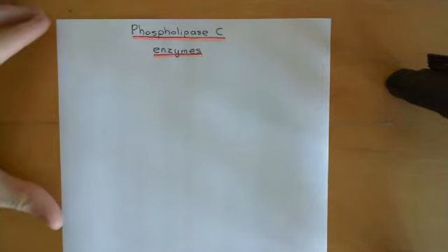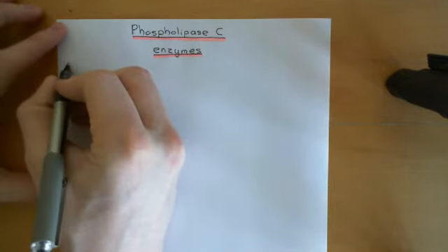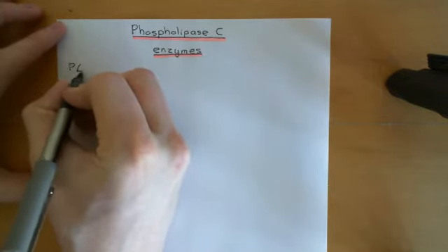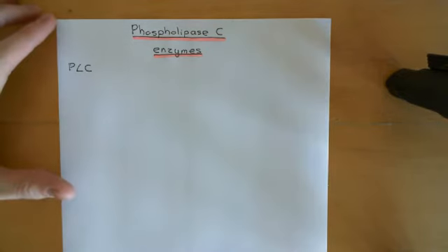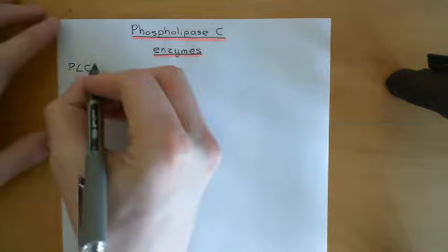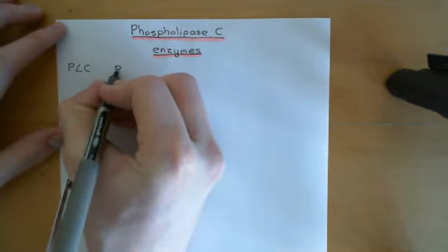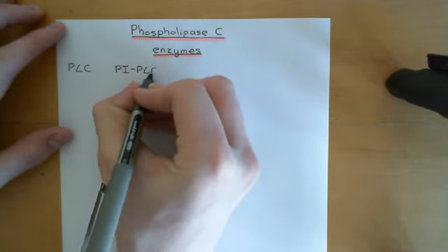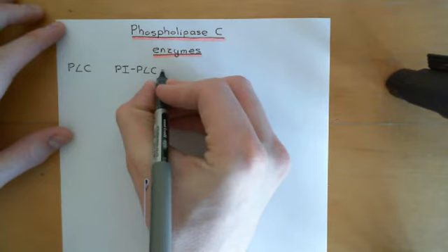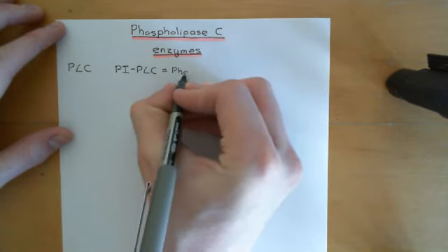So firstly, let me get over this first little technical thing, which is that when we say phospholipase C enzymes, which for the rest of this video I'll most likely be abbreviating to PLC, when people say phospholipase C enzymes without clarifying which specific type they mean, what they really, strictly speaking, mean is phosphoinositide-specific phospholipase C, which is written in full PI-PLC.